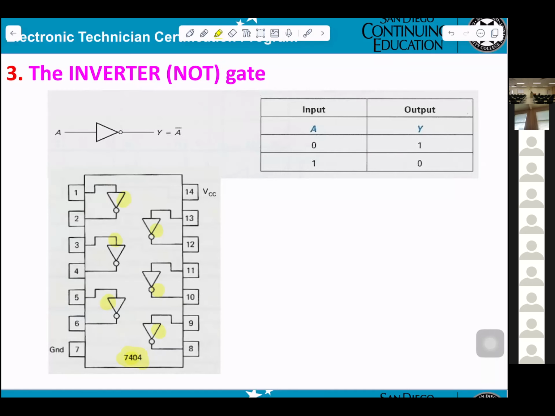Pin 1 input, the first one pin 2 output, and so on. Okay? Power is still 14. And ground is still number 7. When you start working on the lab, you will be dealing with those gates, that integrated circuit IC.